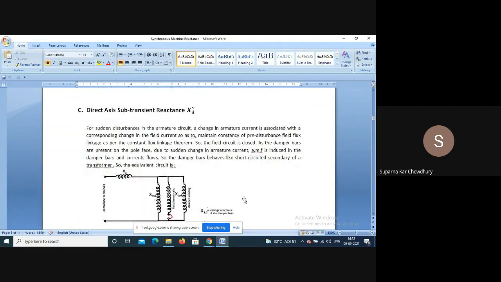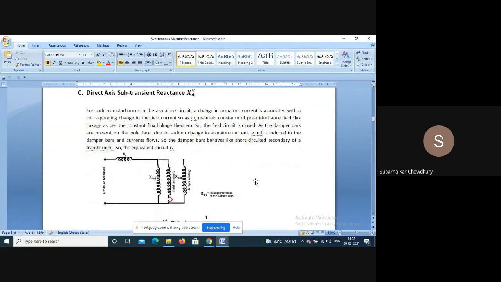For the direct axis subtransient reactance, this sudden disturbance in the armature circuit is applied along the direct axis. Then for the very first one or two cycles, there will be a change in the field current as well as a disturbance in the speed, and there will also be current in the damper winding.